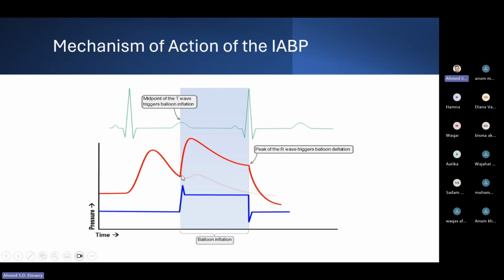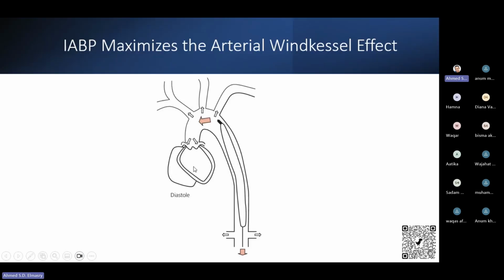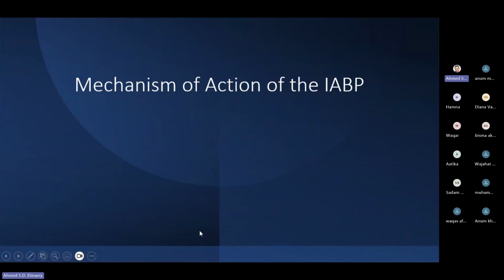So the intra-aortic balloon inflates in the diastole in order to augment the diastolic blood flow, which will increase the perfusion of the organs during the diastole for the brain, the upper limb, the coronary, and the distal organs also. This is happening during the diastole.